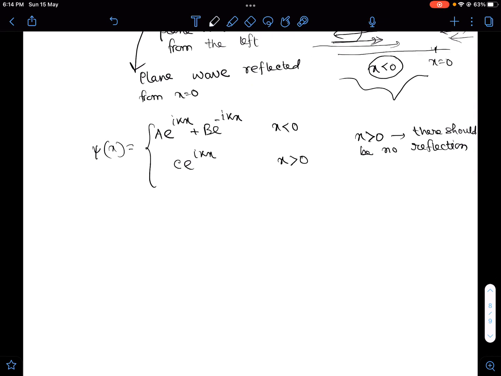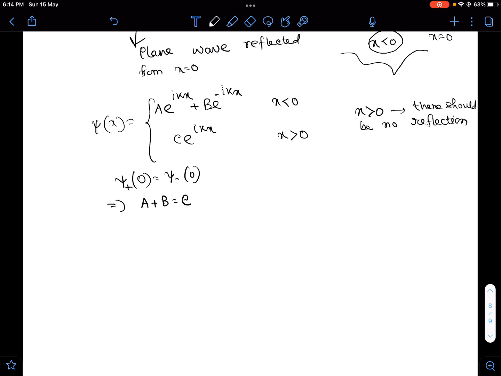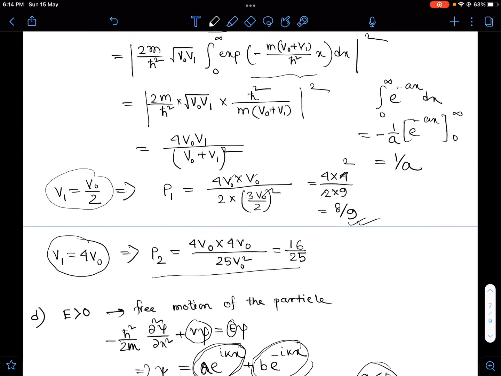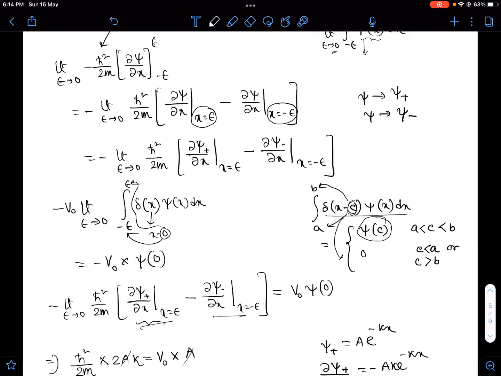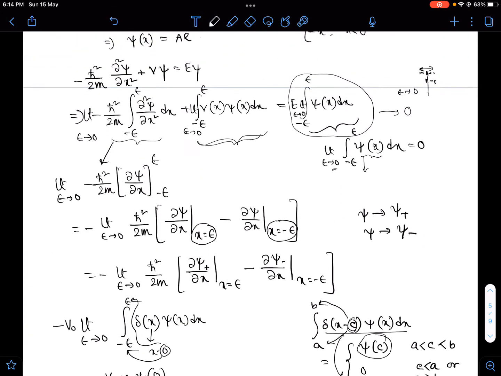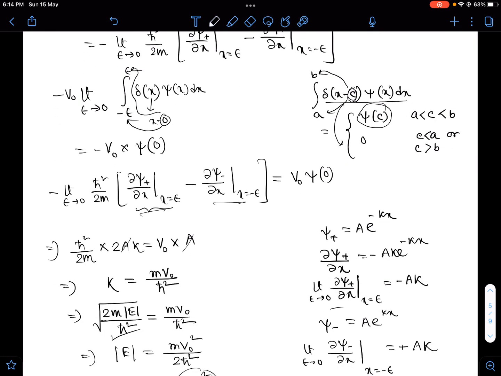If we again use the continuity condition, then psi plus at x equal to 0 and psi minus at x equal to 0 should both be the same. So we will get a plus b equal to c. From the first derivative we have our condition, which we derived previously.